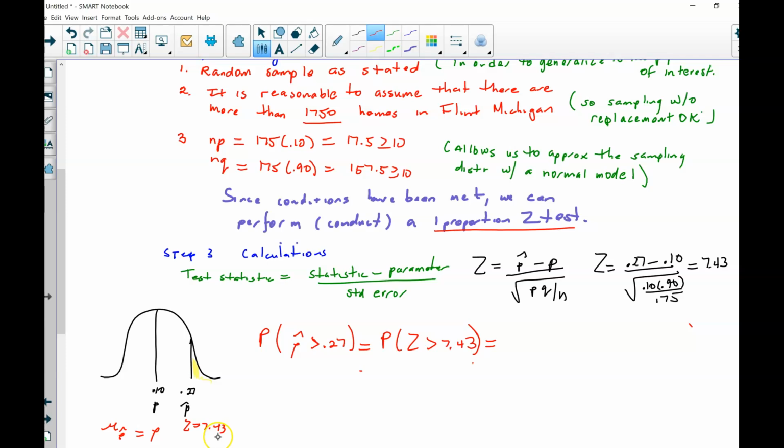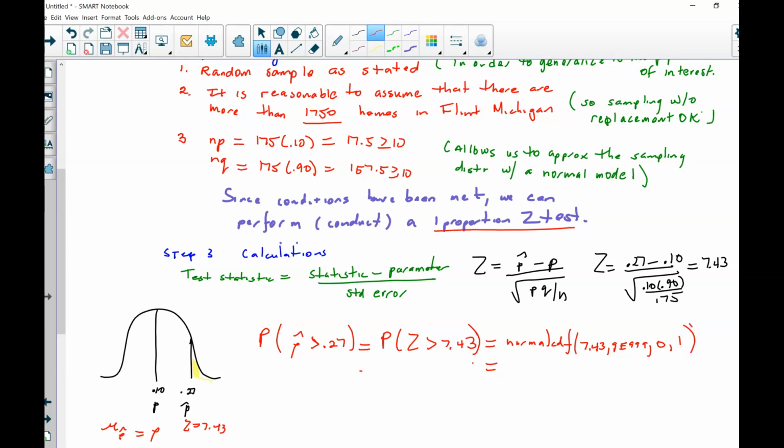Z is 7.43, so we're going to calculate that area under the normal curve. The low is now that test statistic. Don't use 0.27, use the 7.43, the z-score. The high is 9E999. The mean of a distribution once you use the z-score is 0, and the standard deviation is 1.